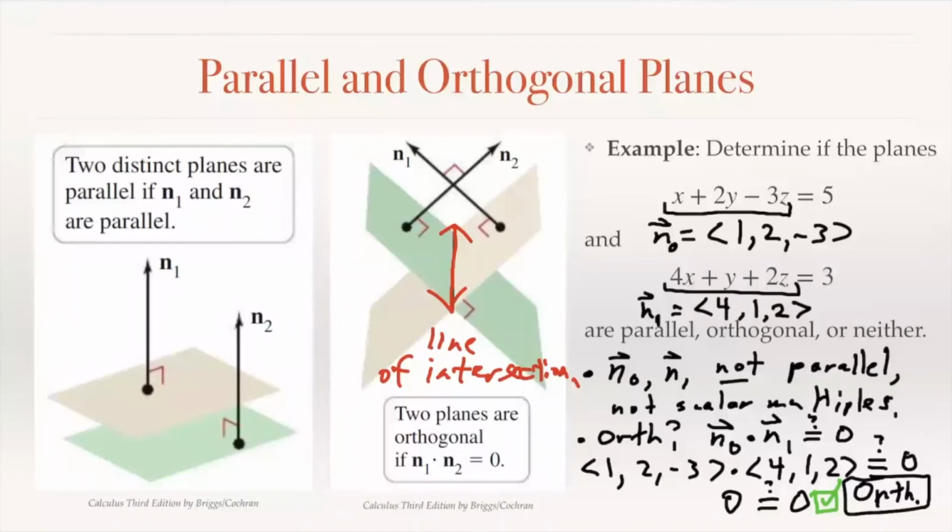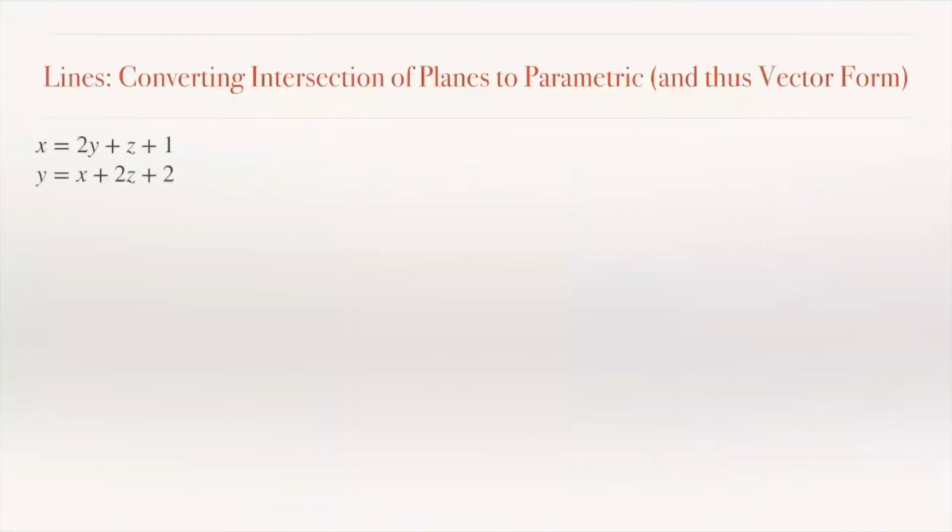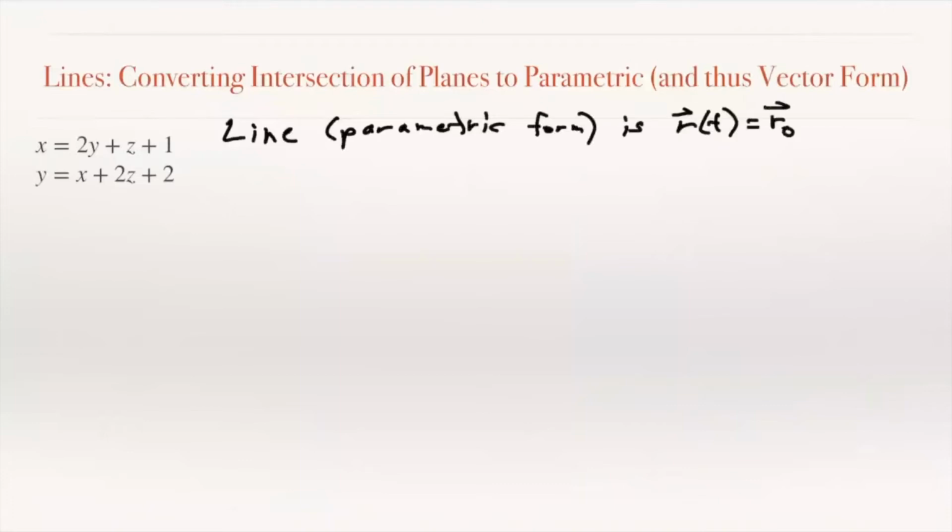So that involves that parameter t. So we know that a line in parametric form is r of t is a point r naught plus t times v naught. And that means that we need a t.